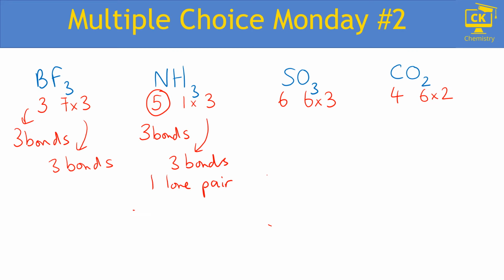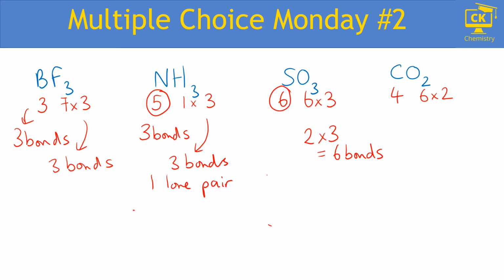What about sulfur trioxide? We could easily get this molecule wrong if we don't really think about it, because although sulfur and oxygen are both in group 6, they can't both be forming the same number of bonds. Oxygen, being in group 6, will form 2 bonds. So there's going to be 2 times 3, basically 3 double bonds, so there will be 6 bonds.